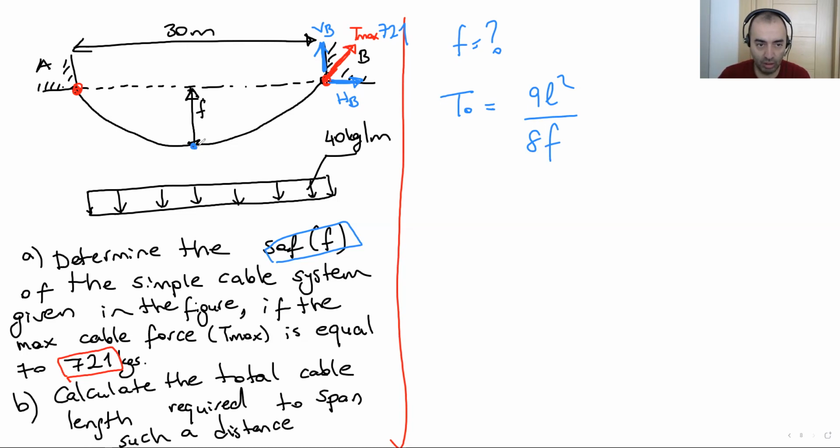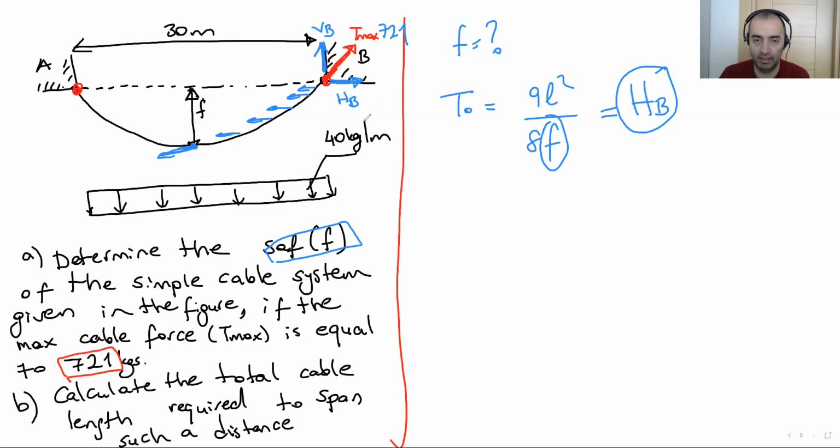T0 was the tension load at the bottom, so it was constant along all the cable points. So it's equal to HB. If I calculate HB, I can get F from this question.